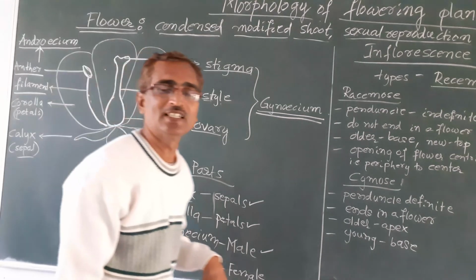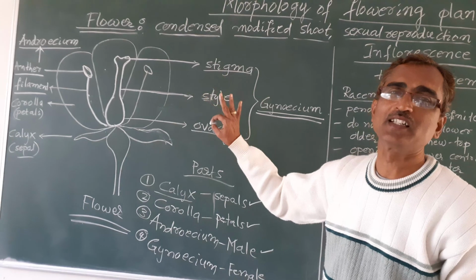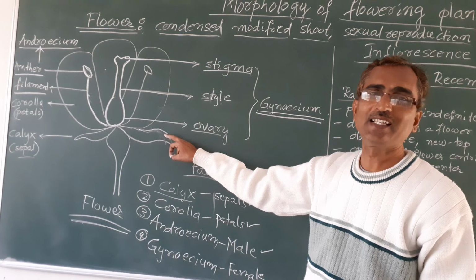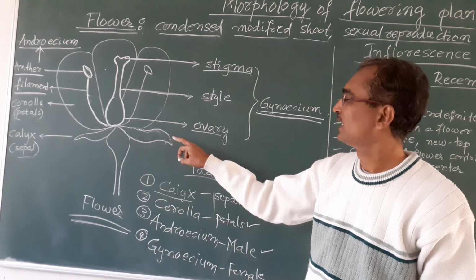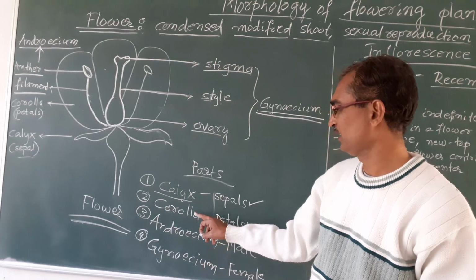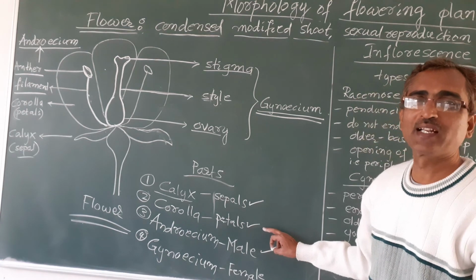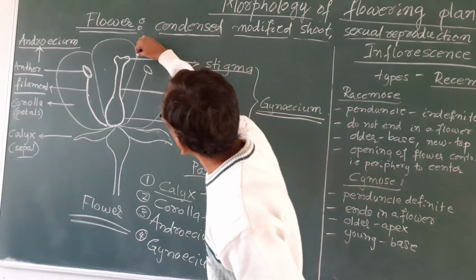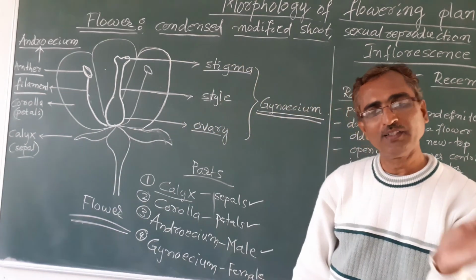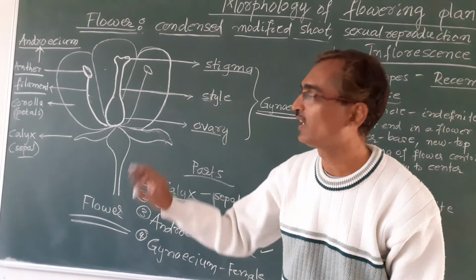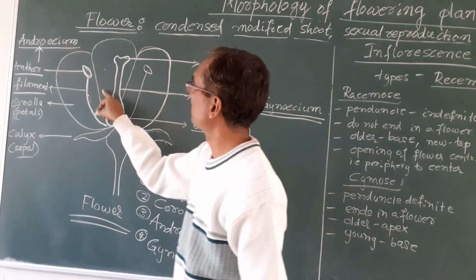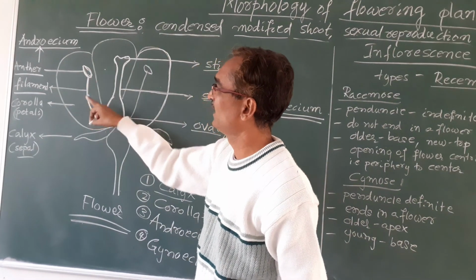So this is the structure of a flower, which contains mainly four parts. First, the outermost layer, the calyx, whose members are called sepals. Next is the corolla, and its individual members are called petals. After the corolla we have the androecium, the male reproductive structure, which has the anther and filament.